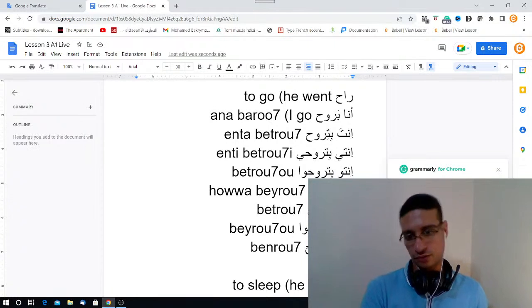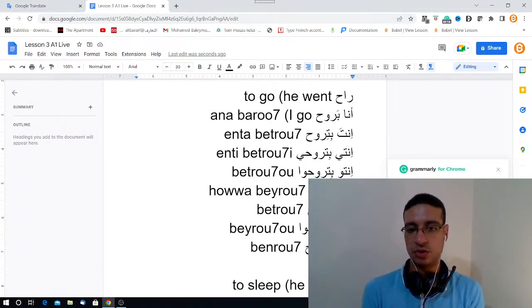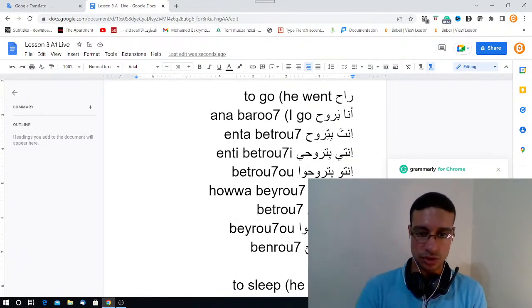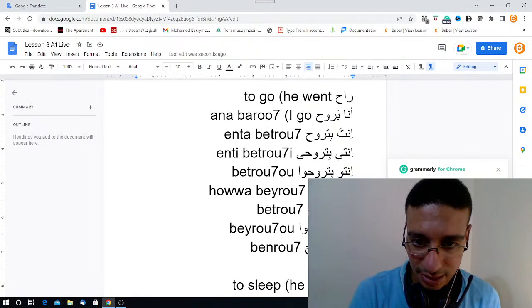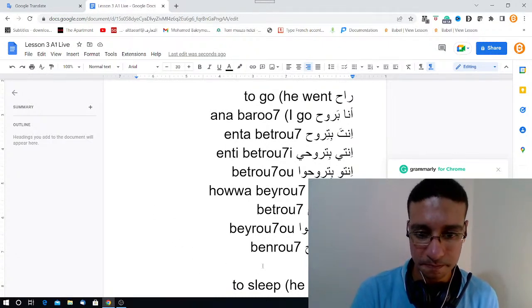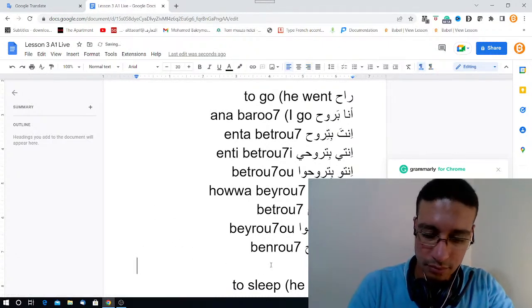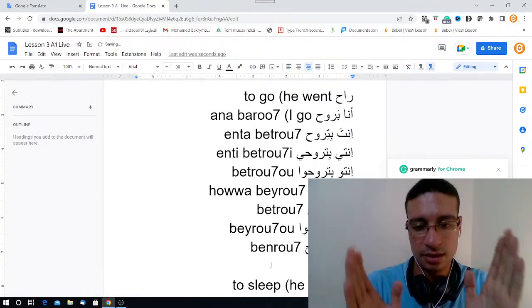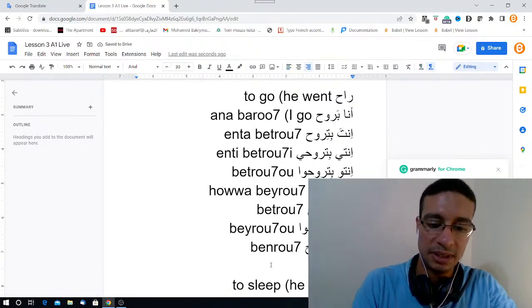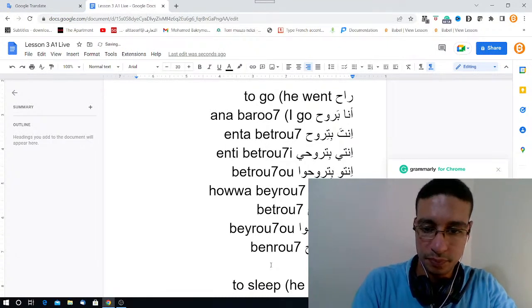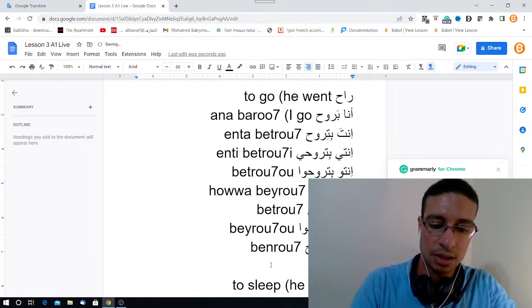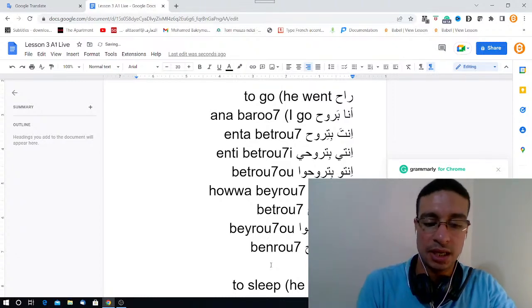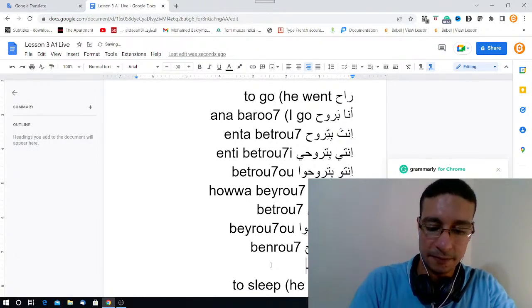I just want, for the people that are not very familiar with the Arabic alphabet, to show how we write this ta, this ba. We have the ba when it's in the middle of the word, and then ta, and then tha, which is pronounced in Egypt like sa, and then noon, n, and then ya.